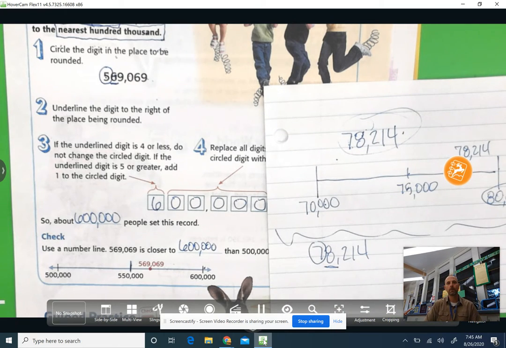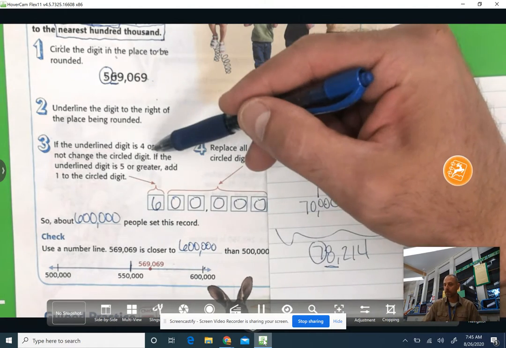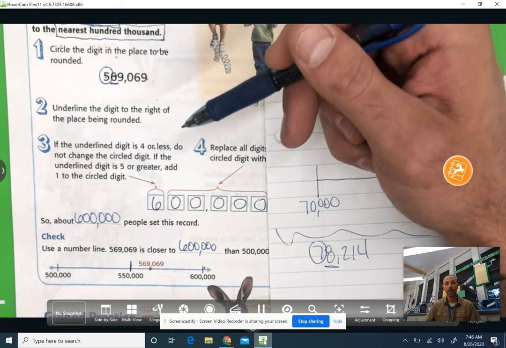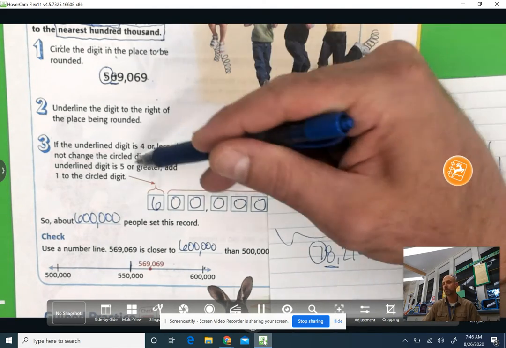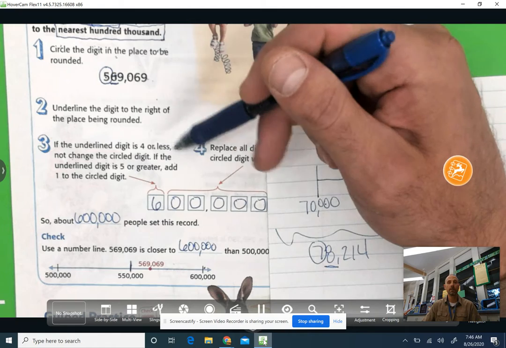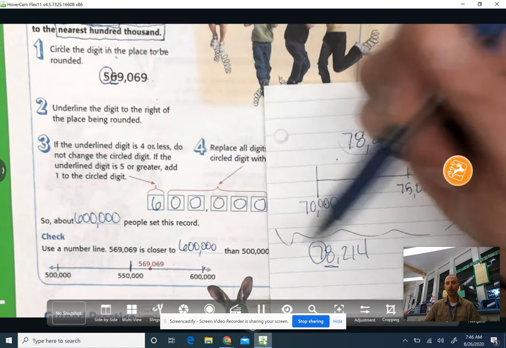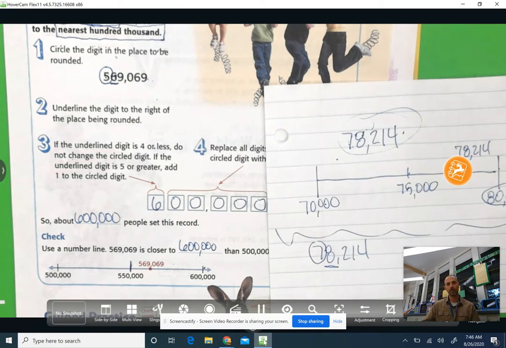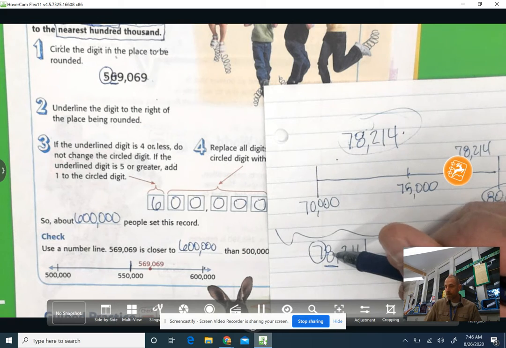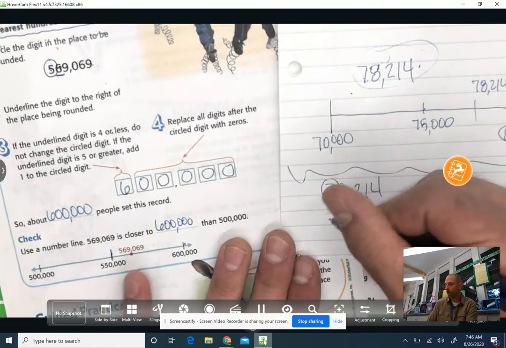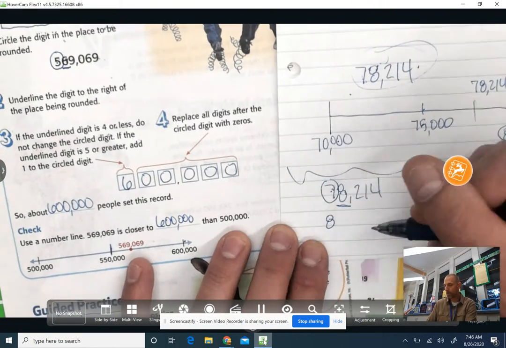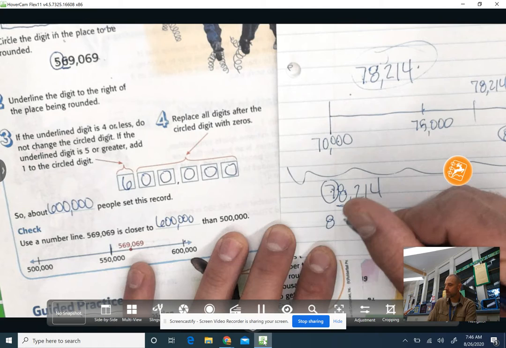Okay. Number 3 says if the underlined digit is 4 or less, do not change the circled digit. If the underlined digit is 5 or greater, add 1 to the circled digit. 8 is greater than 5, therefore we are going to add 1 to our circled digit, add 10,000.